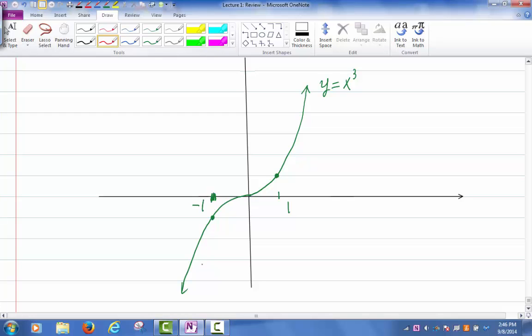So x to the 5 will look like this. After this point, it will be like this, coming back. Is everybody okay with that? So that's how x to the 5 will look. Any questions on that?